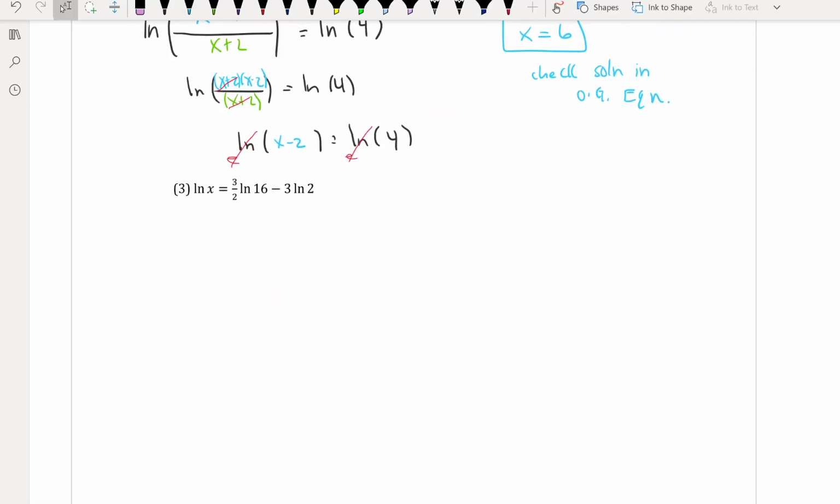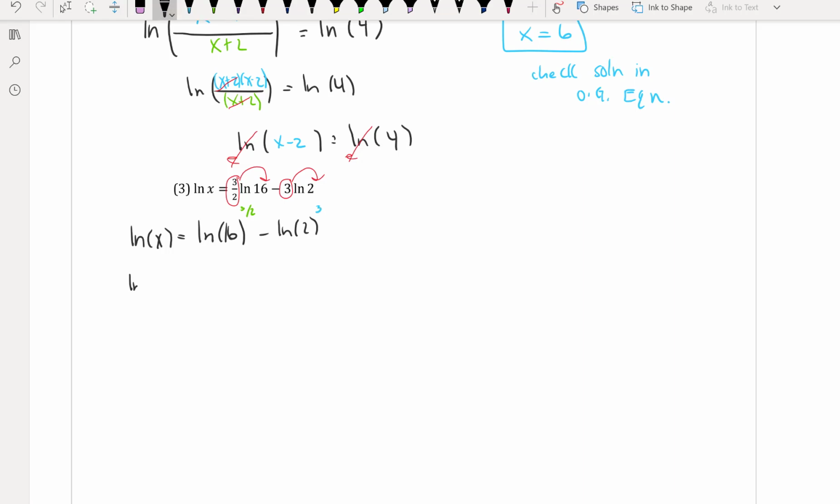For number 3, we have to take into account our power rule. Our power rule says we take that leading coefficient and bring it up as the exponent. So I have my ln of x is equal to my ln of 16, and that exponent is 3/2, minus my ln of 2, and that exponent is going to be 3.